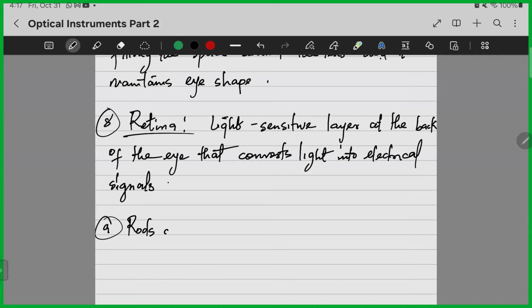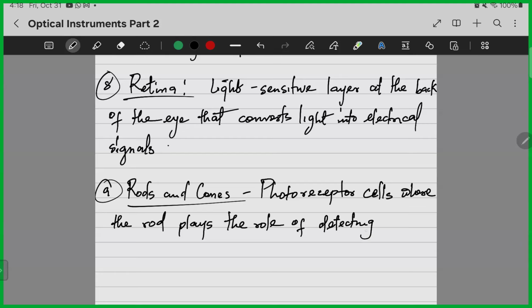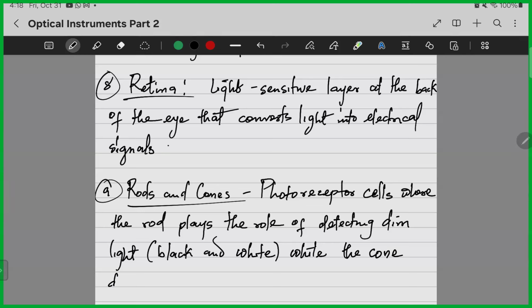Rods and cones are photoreceptor cells, where the rod plays the role of detecting dim light, black and white, while the cone detects color. You are getting the point.